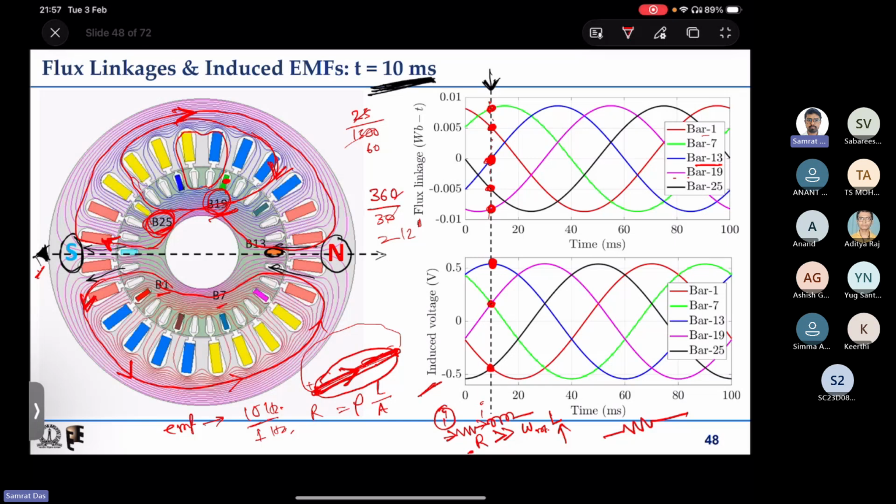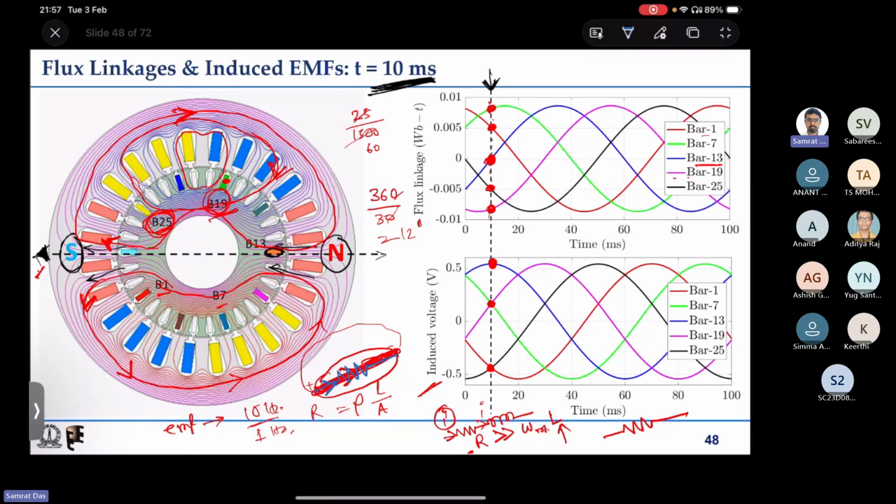If the bar can be represented by a resistive network only, then whatever is the phase of the induced EMF, that same will be the phase of the current, because it is simply a resistance.